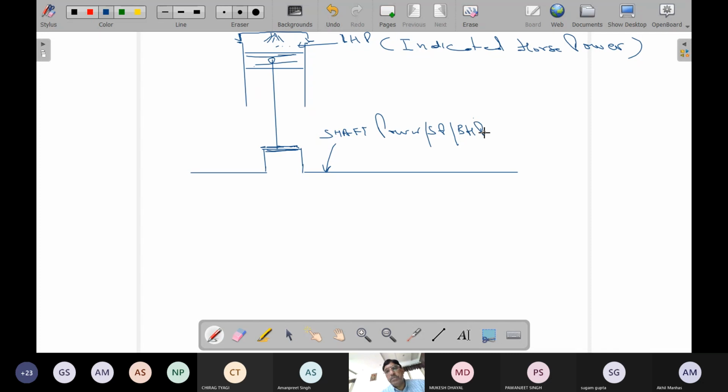Brake horsepower is same as shaft power. The reason why we use BHP many times, even in cars and trucks and motorbikes, is that the term BHP is the same as shaft power. The only difference is why we call it BHP: we calculate it by applying a brake here and then calculating what is the torque at a certain RPM. This IHP, we already now know the formula, correct?